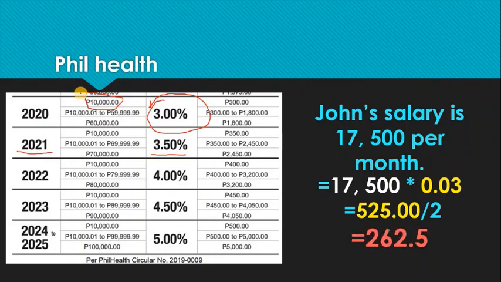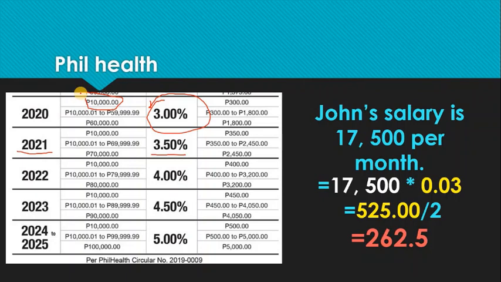So John will be deducted the amount of 262.5, because the other half, also 262.5, will be paid by your employer. Again, that is 50-50 basis. You are not obliged to pay the full amount. Your employer is held responsible for paying the other half.